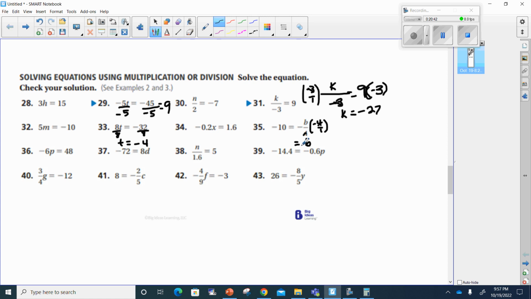Next, remember this is the letter B. Whatever I multiply to one side, which was negative 4, I have to multiply to the other side. Negative times a negative is a positive, and 4 times 10, that's 40.